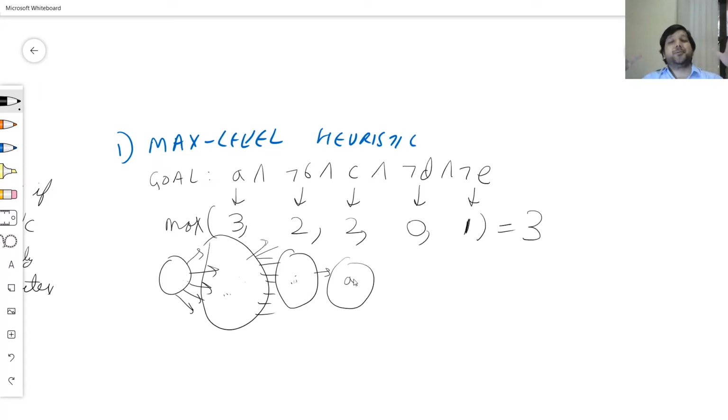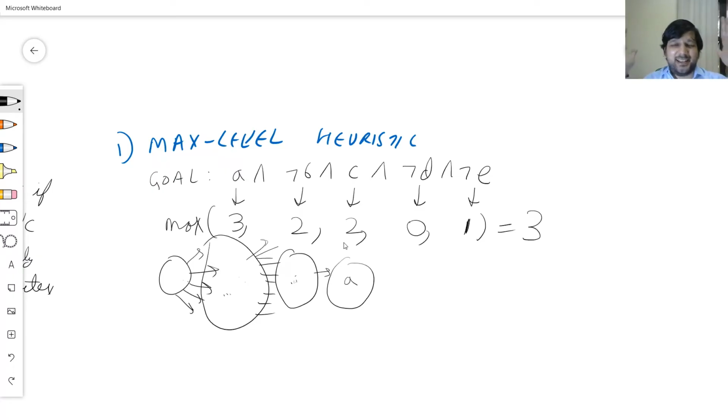We assumed 2 actions can be simultaneously applied, but our planning is linear, only 1 action at a time. So A may have been produced by applying 3 actions in parallel here, 2 actions in parallel here, 2 actions in parallel here. So the actual depth will be 7, 3 plus 2 plus 2. But it's an admissible pessimistic estimate, and that's why my heuristic is admissible.